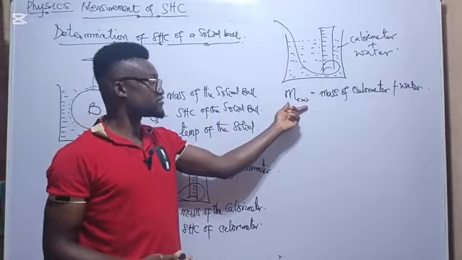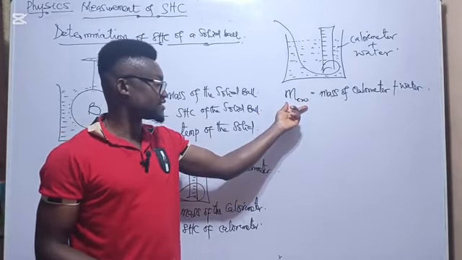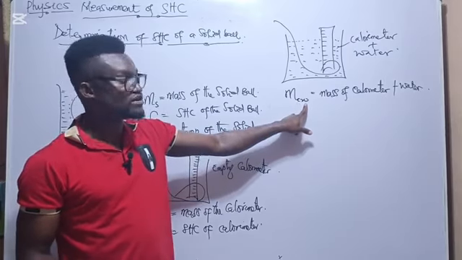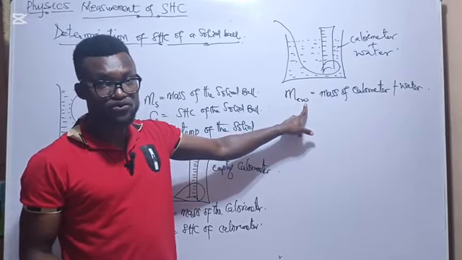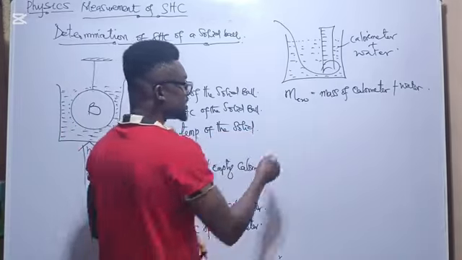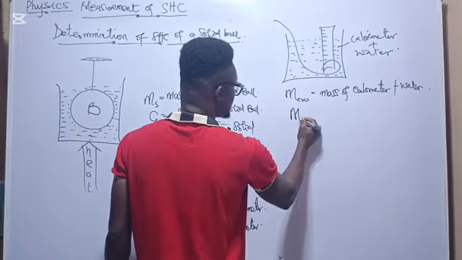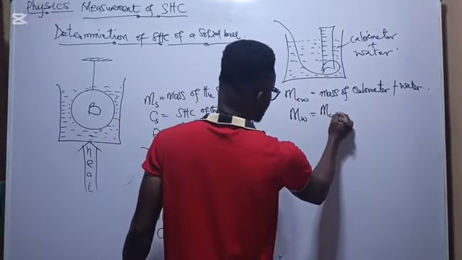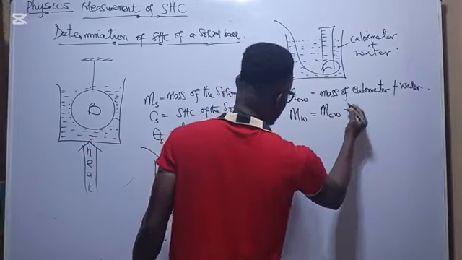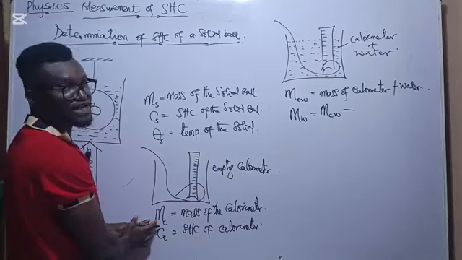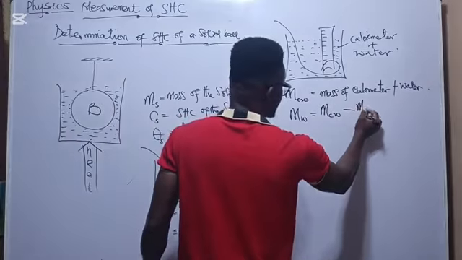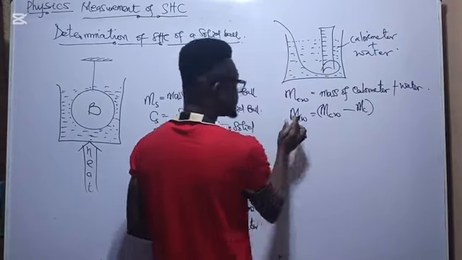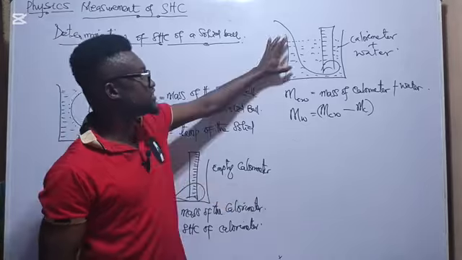Now, if you remove the mass of the calorimeter, what will be left will be the mass of water. So in that case, you can say that the mass of water is equal to the mass of calorimeter plus water minus the mass of the calorimeter. So this gives the mass of the water in this container.